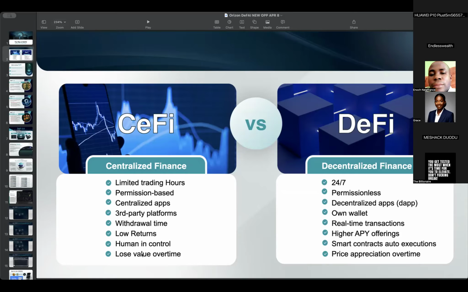code does. And then finally, centralized finance comes with the risks of inflation. Every money you have in a centralized project is losing value every minute because of inflation. And Nigeria has one of the highest inflation rates. Right now, this year alone, the rate of inflation has exceeded at least 200%.